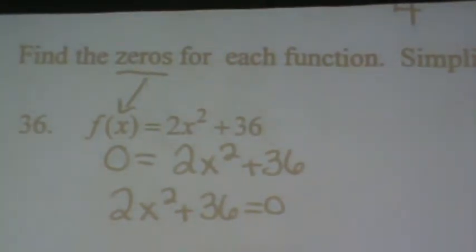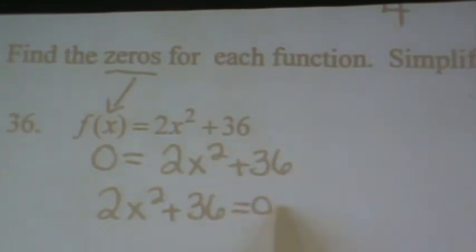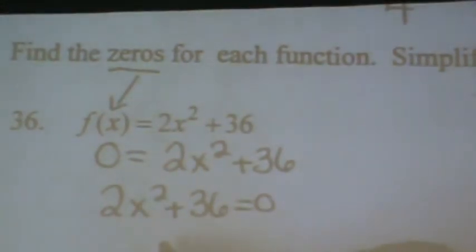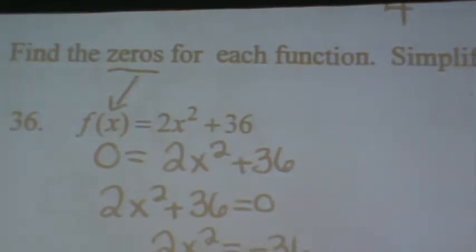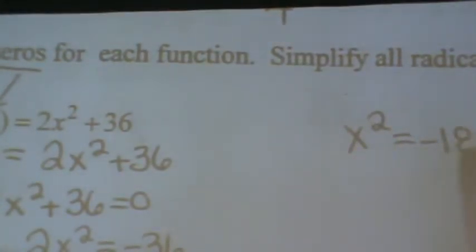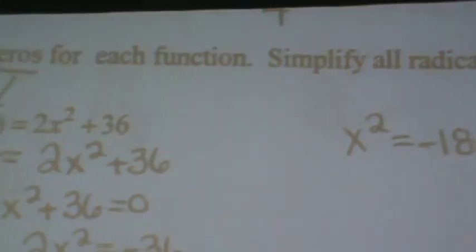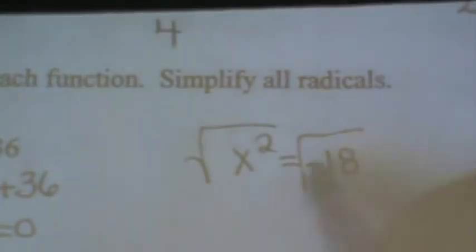What's the easiest thing to do? Bring this over. Then what? Divide by 2. What do you get? Now what? Negative 18. Square root of both sides.